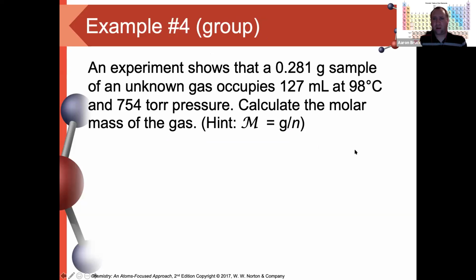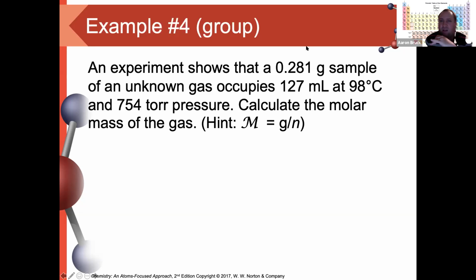All right, go ahead and try this one yourself then. You've got an experiment that shows that a 0.281 gram sample of an unknown gas occupies 127 milliliters of space at 98 Celsius and 754 torr of pressure. Calculate the molar mass of the gas. So the big hint here is that molar mass is equal to grams divided by moles.